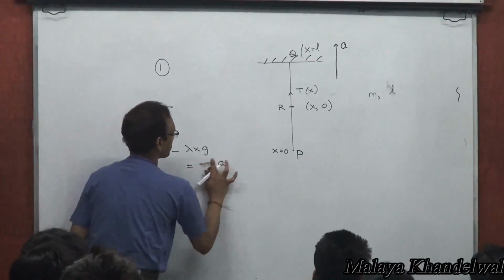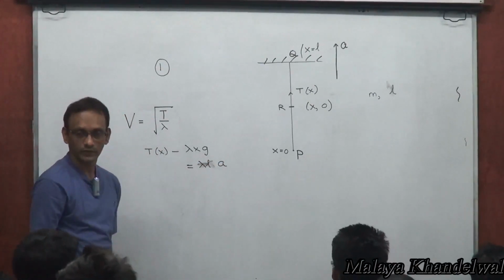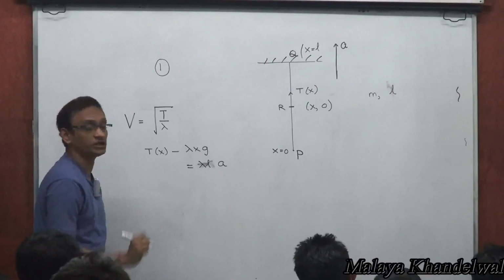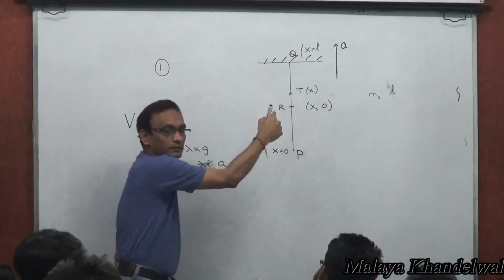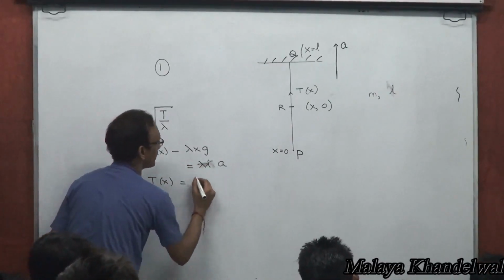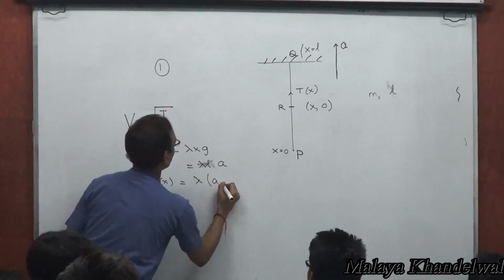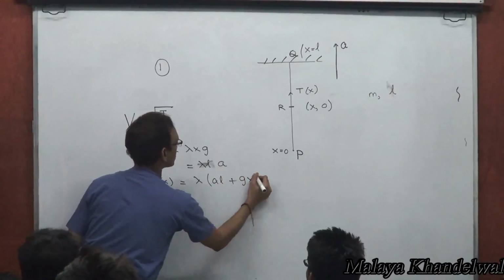Together they produce an acceleration a on the segment PR. So the tension at x evidently is going to be given by lambda x a plus g x. Yes or no?